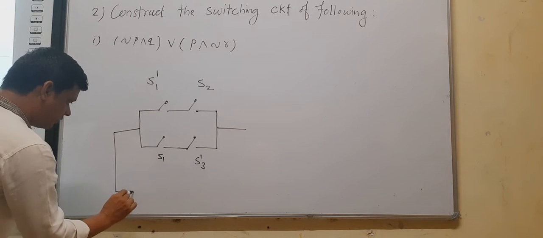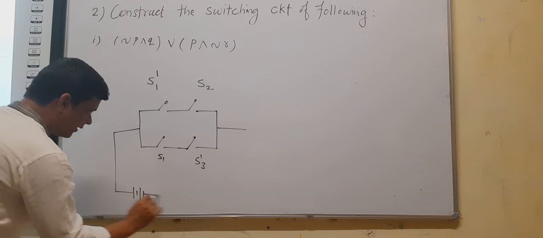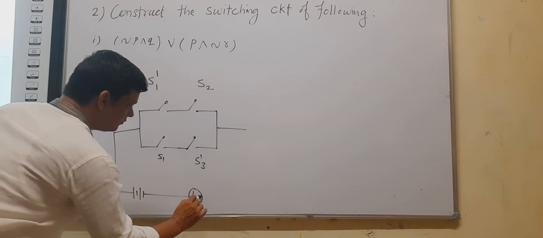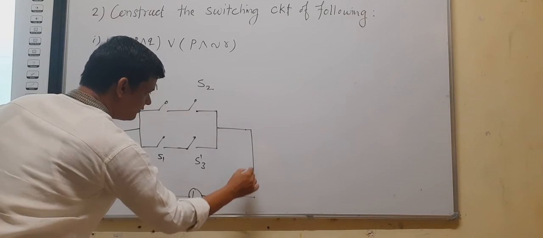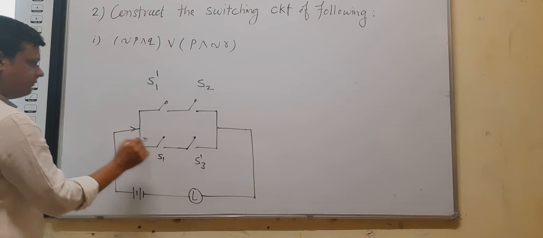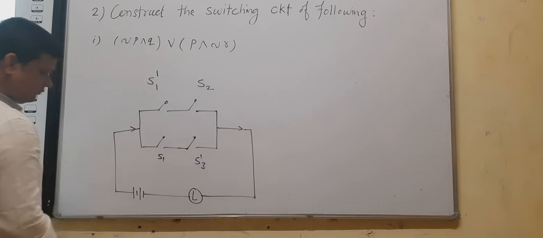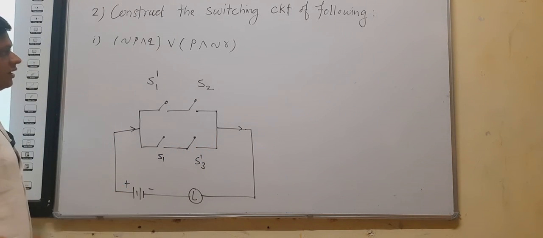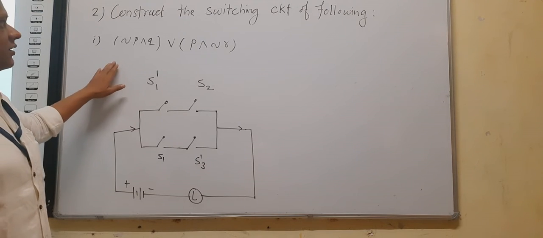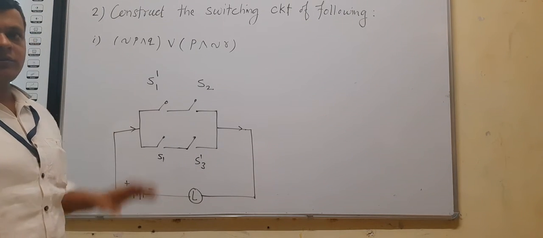You have to connect the battery and lamp. This will be the complete circuit diagram. In this way you can construct a switching circuit for the given symbolic form.